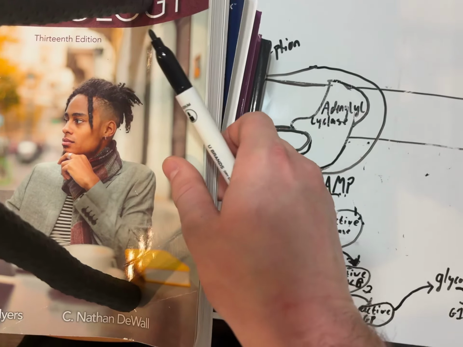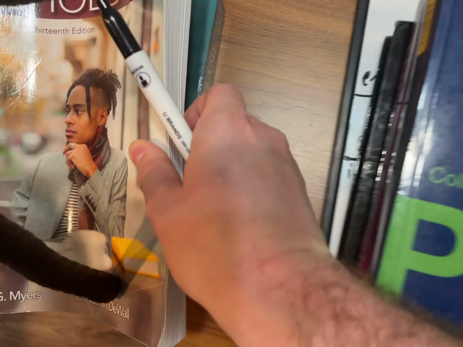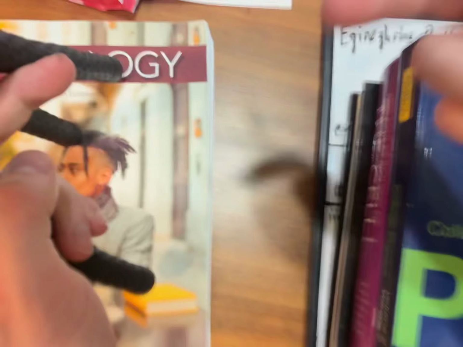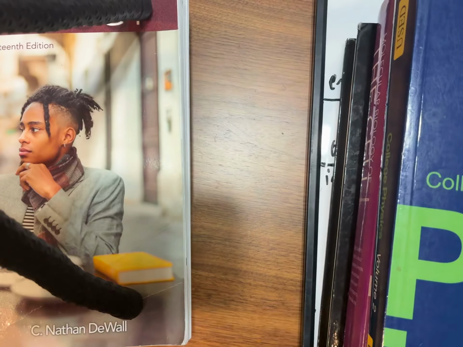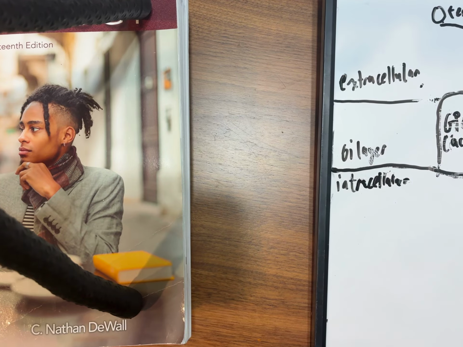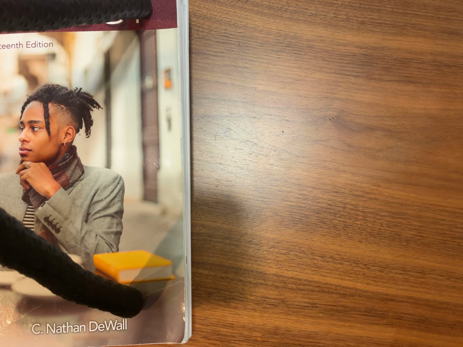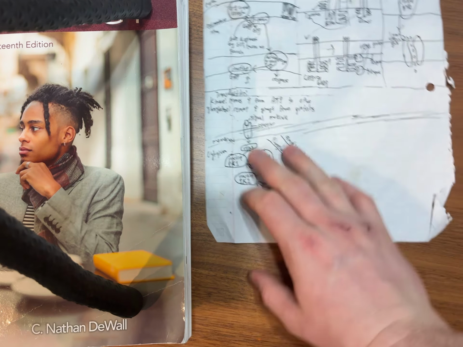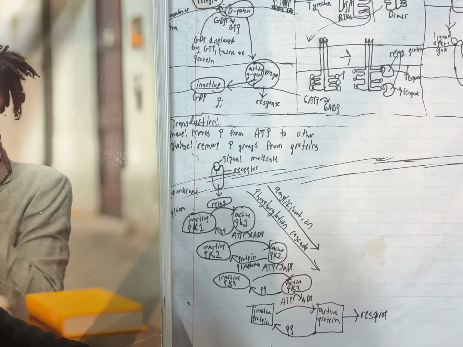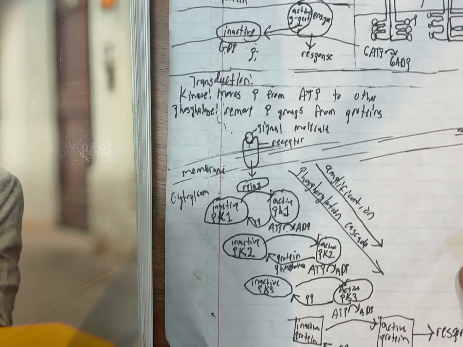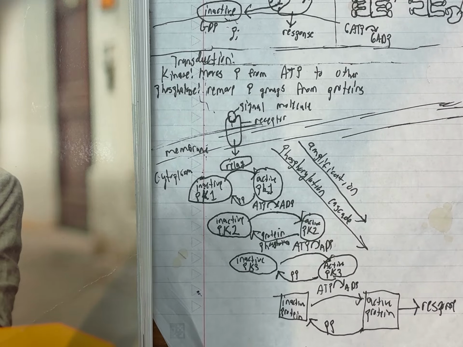If you're a little confused by that whole pathway, that's okay. Look it over a few times. It's a difficult pathway. I have a little note sheet from a year ago that generalizes the process of transduction specifically.